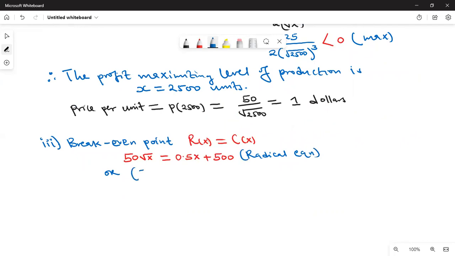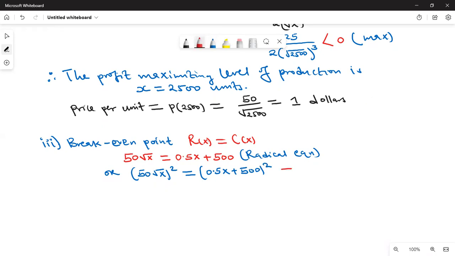So we'll have 50 root x squared. This should be equal to 0.5x plus 500 squared. I'm just solving for x.